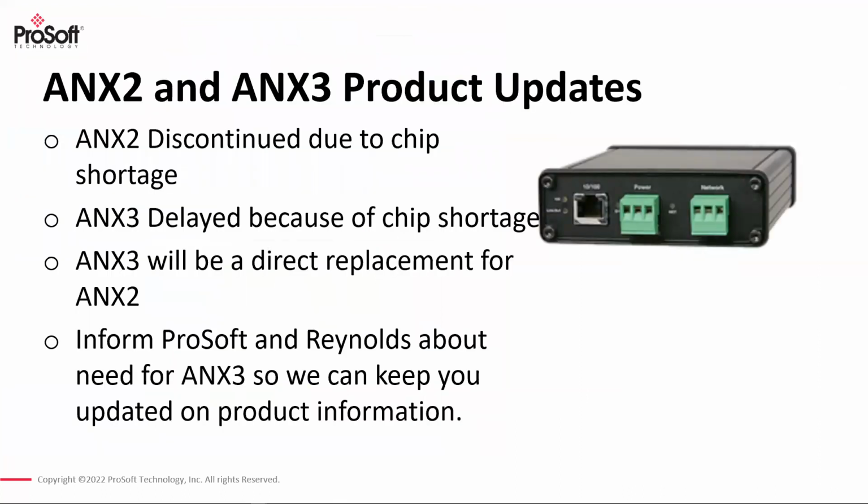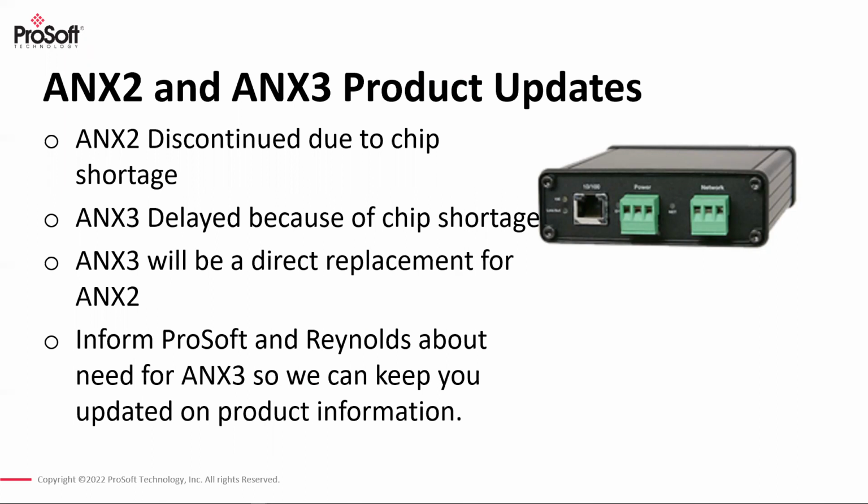One of the things that I did want to make everyone aware of is that our ANX2 products were for the Data Highway Plus, DH Plus, so PLC5, our older communications for PLC5 to ControlLogix. Those were discontinued because we ran into a chip shortage.